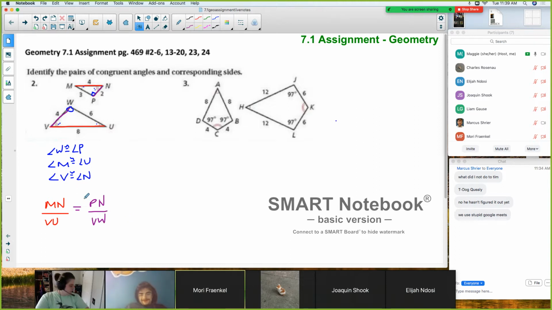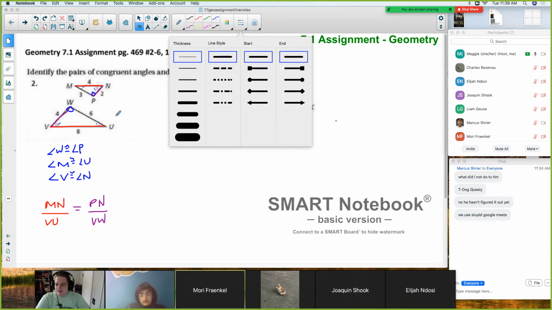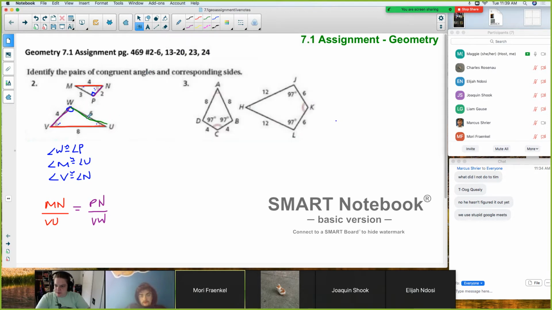And as you're doing this proportion, you do want to make sure that you keep the same shape on top or bottom. In this case, the smaller one I put on top. You could flip them, but as long as it remains the same the whole time, then you're good. And then the last one is from the 0 tick marks to the 1 tick mark. So MP is going to be in proportion with WU or UW.